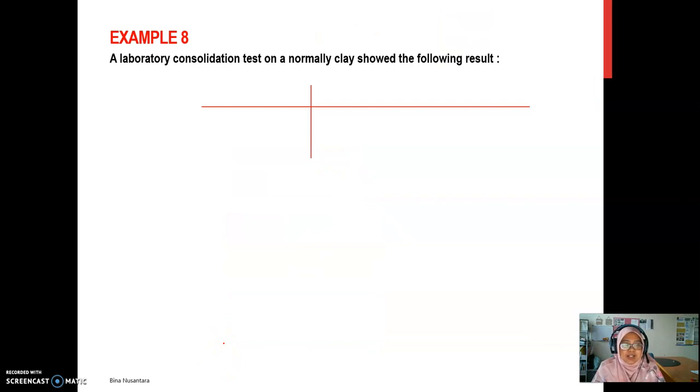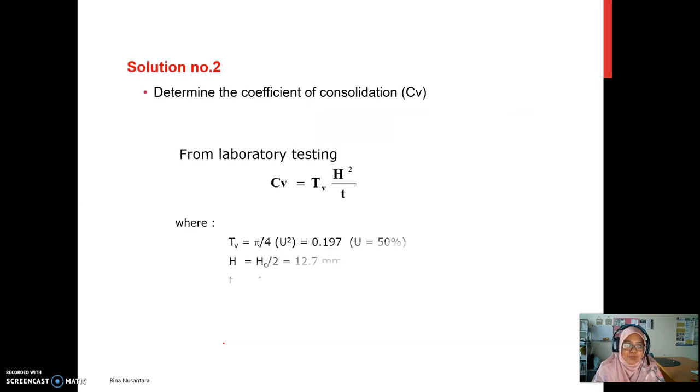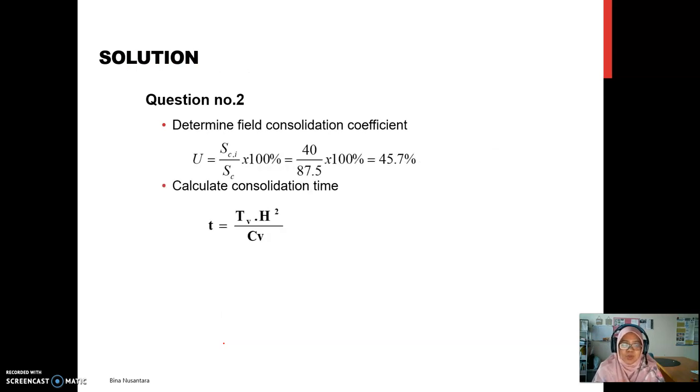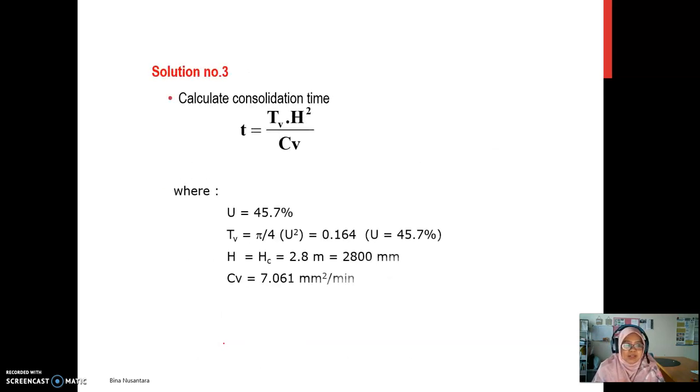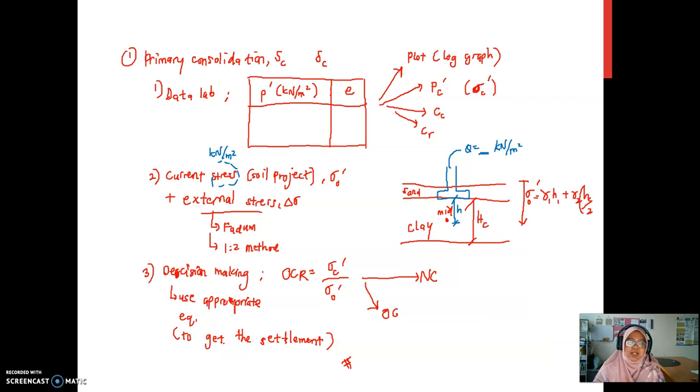Alright, so you can check example 8, and also continue with the final exam of 2018-2019 semester 1. Obtain the current stress. Just now you already did the plotting of P sub C, C sub C, CR, as your homework in the past 2 weeks, I think.